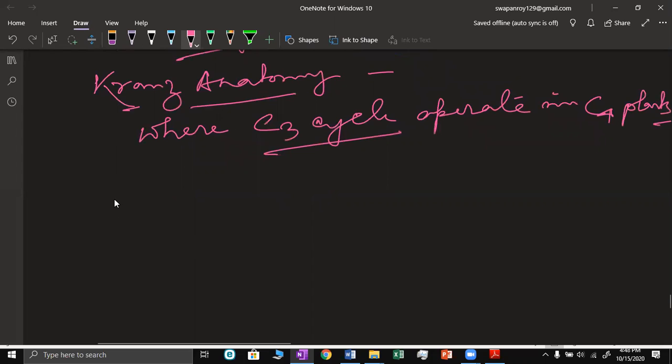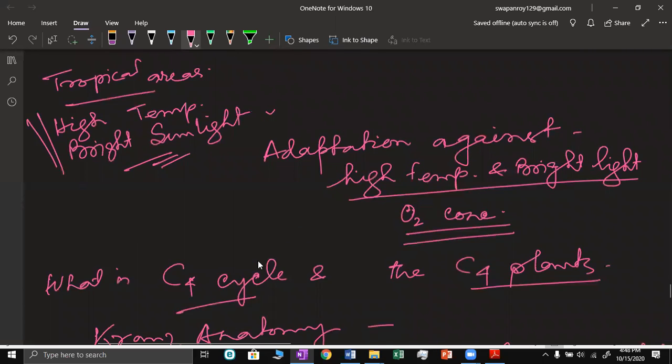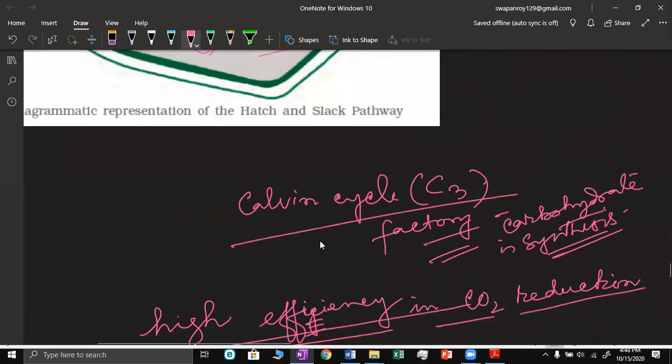Then characteristics or importance of C4 plants. Okay, these things can be asked, and overall reaction of the C4 cycle.